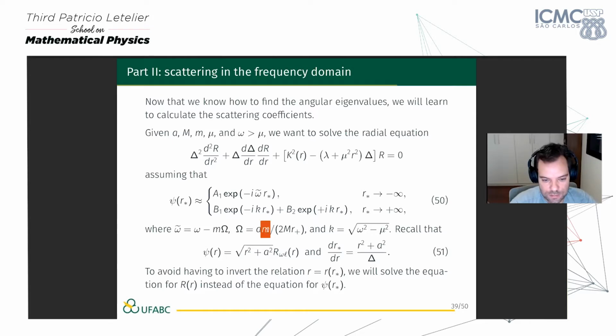Sorry, this m shouldn't be in here, it's already in here, so there's no m here, it's just a divided by 2 capital M r_plus. r_plus is the event horizon, and k is the wave number locally for the waves far away from the black hole, and it's basically the square root of omega squared, the frequency of the wave, minus mu squared, the mass of the scalar field.